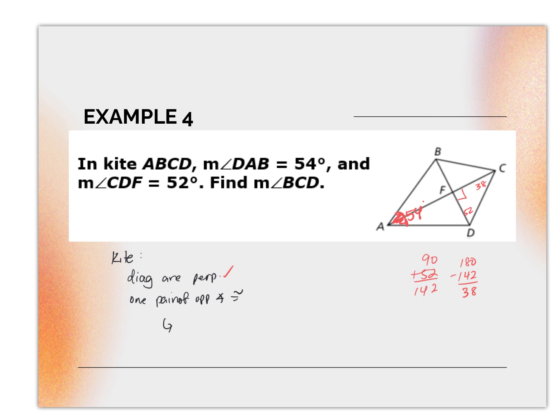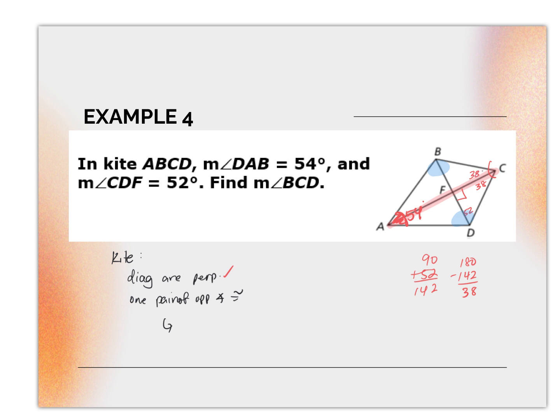So again, what they want is this whole large angle. Remember that this big angle B and this big angle D are congruent. That's a fact about kites. The other thing I told you was that the diagonal that connects the angles that aren't the same is an angle bisector.